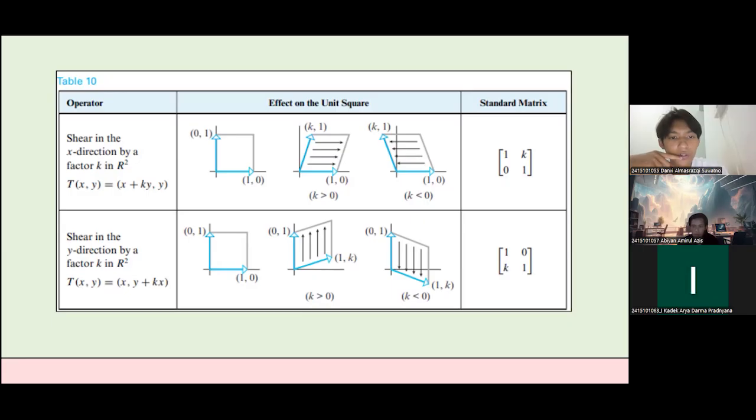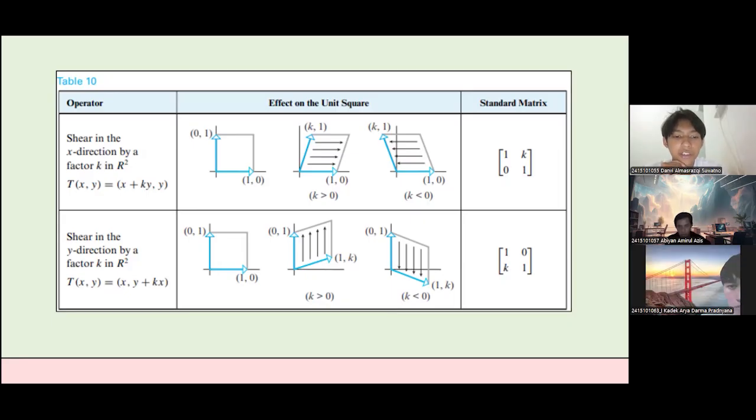As I said before, when y is 0, it stays and remains unchanged. And when (0, 1) moves to (k, 1), the vertical side becomes slanted. And the area stays the same, but the shape becomes slanted.